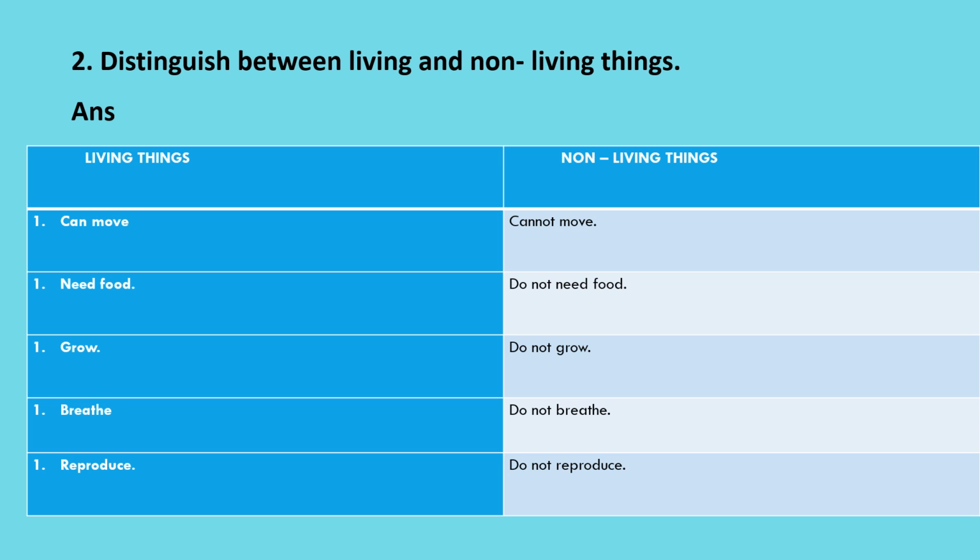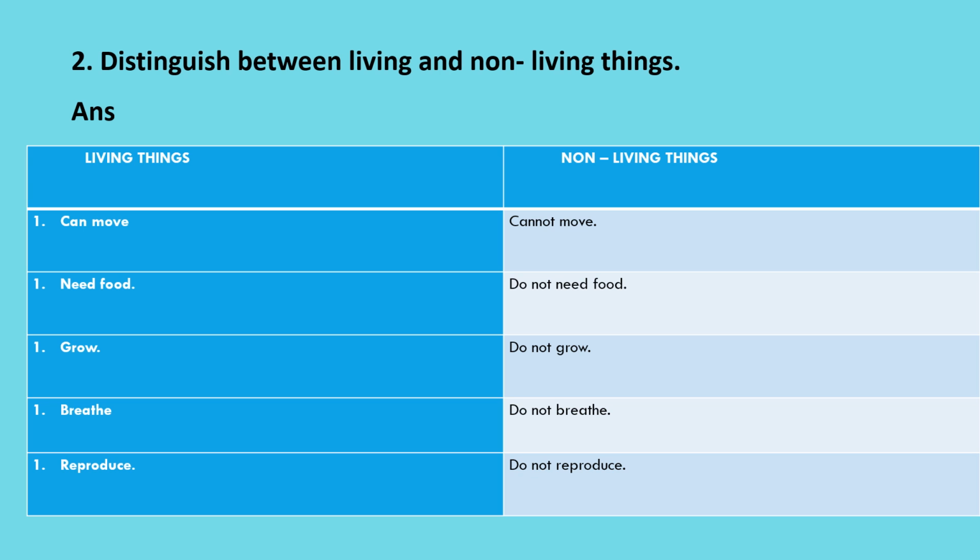Children, a baby grows into a child and then into an adult. But have you ever seen your almirah growing? No. Therefore, living things can grow, but non-living things cannot grow.